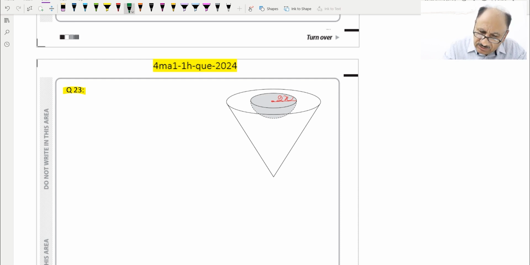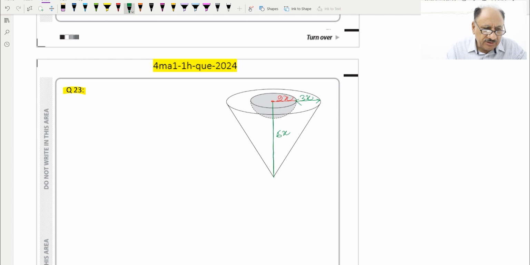So it means this portion is 3x. 3x is this one, total is 5x. So the vertical height of the cone is 6x centimeters. If we check the vertical height of the cone, we can show it like this, this one is 6x.